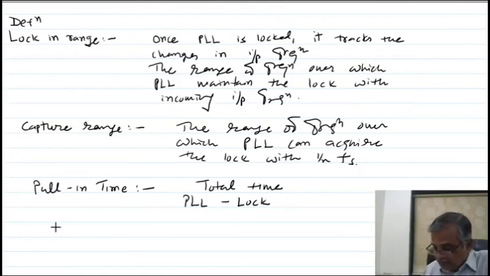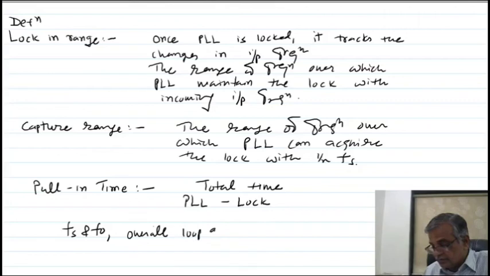Pulling time depends upon the phase and frequency difference of FS and FO. It depends upon the overall loop gain. It also depends upon the filter characteristics.